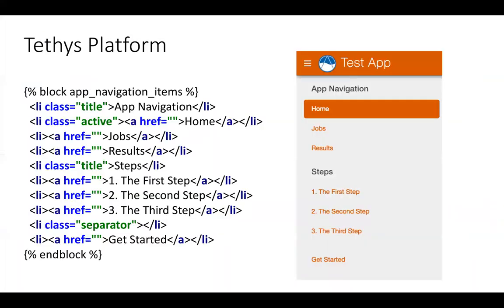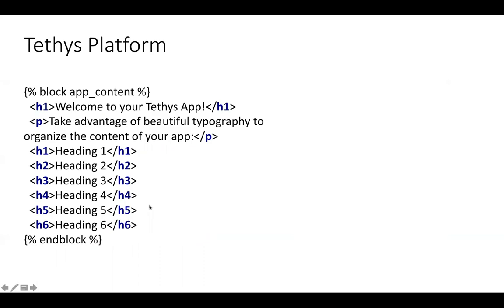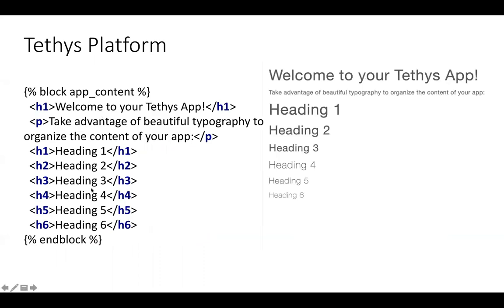Here we have the elements of the base HTML. So we have this block. This is the app navigation panel. So we have the list, the title of the different list, and the elements of the list. And the same for the content of the app. We have the different headings that we can edit.